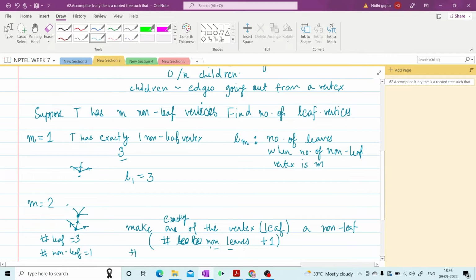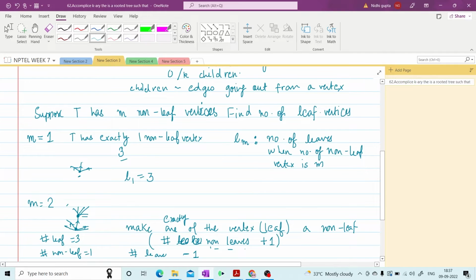But what is happening to the number of leaves? We are making one of the leaves a non-leaf, so basically we are subtracting 1. And then we are adding the k branches.